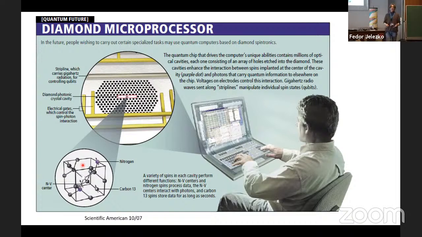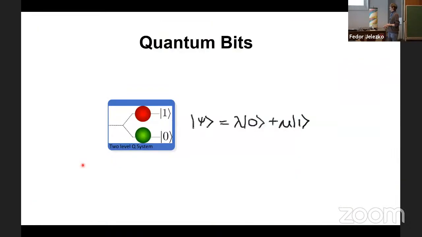But maybe just a few words about quantum computing, why it motivated so much research in quantum science and transferring this to technology. It basically uses the power of a quantum bit instead of a bit, and this quantum bit can be a state of a quantum mechanical system. The difference to a classical bit is that it also can be in a superposition state, not only in an eigenstate.